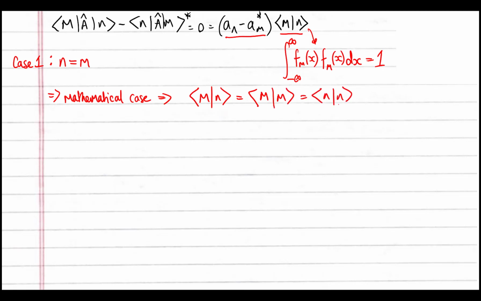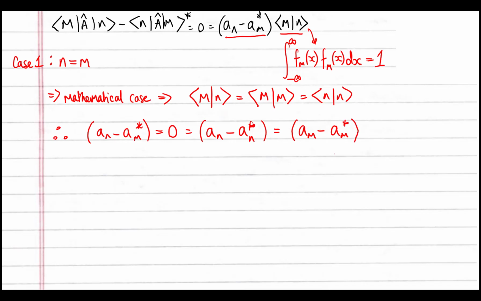Therefore, in this case, a sub n minus a sub m would have to be equal to 0, which is the same as saying a sub n minus a sub n star, which is also equal to a sub m minus a sub m star. So what can we learn from this?